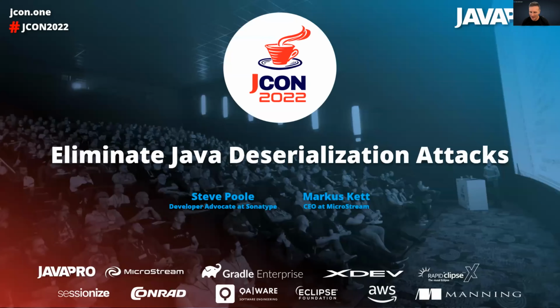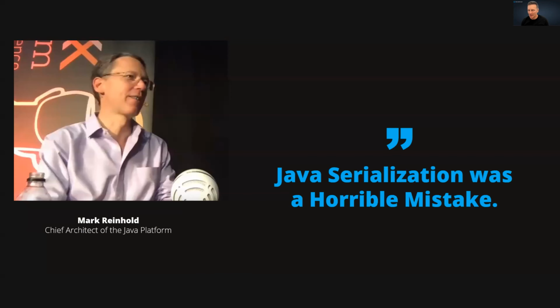So yes, I guess this is the reason why Mark Reinhold, as the chief of the Java platform, said that Java serialization was a horrible mistake, and there are also talks online on YouTube by Brian Goetz, where he explains, there's one talk called Why We Hate Java Serialization.